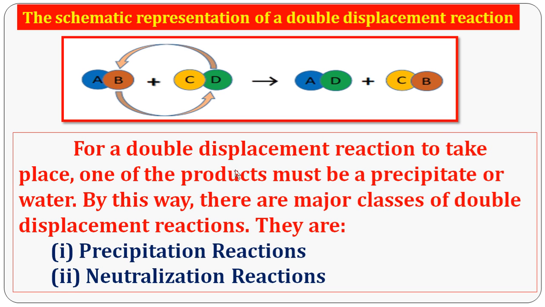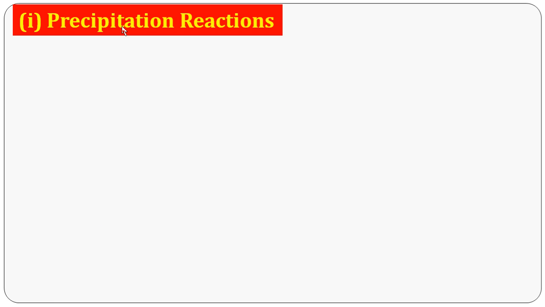For a double displacement reaction to take place, one of the products must be a precipitate or water. By this way, there are two major classes of double displacement reactions. First one, precipitation reactions. Second one, neutralization reactions. Now come to the first one, precipitation reactions.